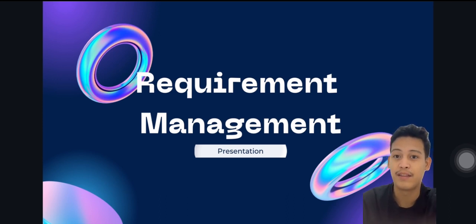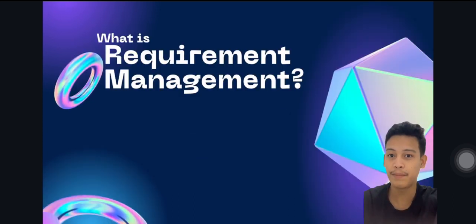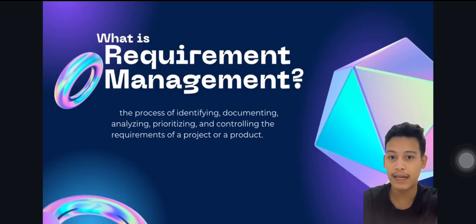So for the content of this discussion, we will be covering the introduction, the product cycle of RM, and the subtopics of RM. Requirement management is the process of identifying, documenting, analyzing, prioritizing, and controlling the requirements of a project or a product.